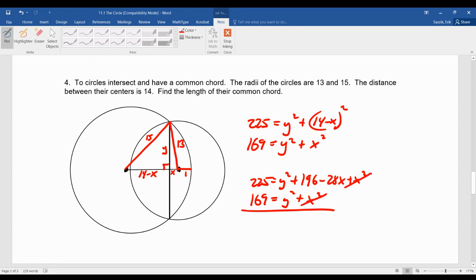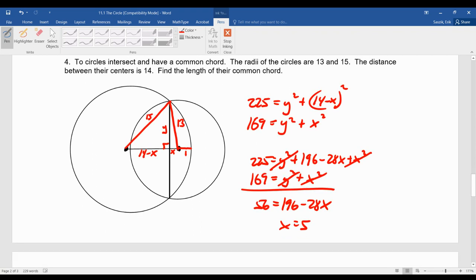That means this would go away, and you know what's pretty sweet is that goes away too. 225 minus 169 is 56, and you get 196 minus 28x. And if you move that over and solve for x, you will get x equals 5.